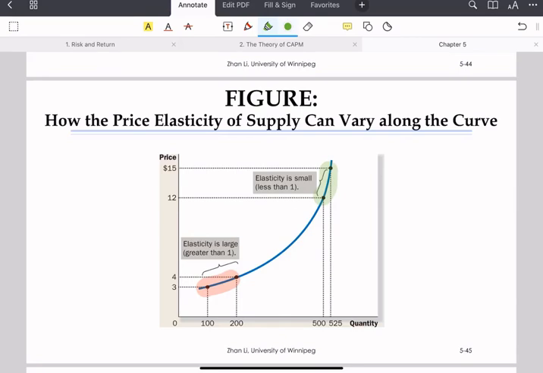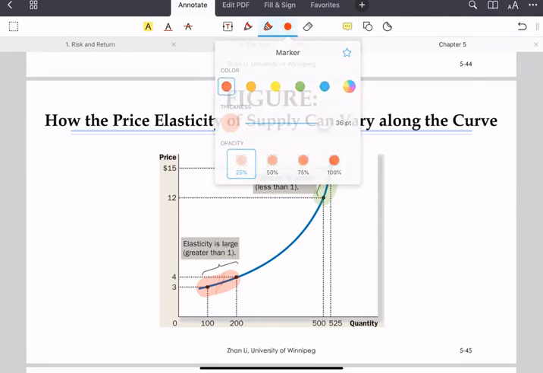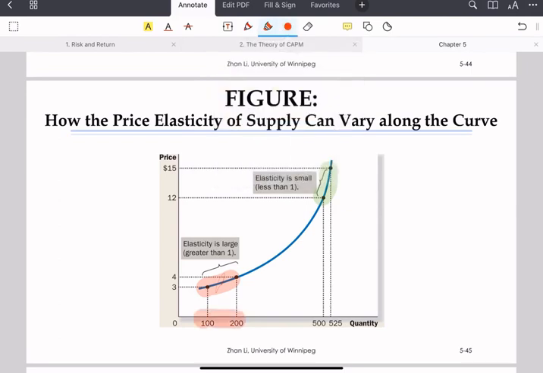The second way to understand this is through economics. So basically, when your production level is low, right? Let's say your production level is here. Then generally, you have some redundant capacity.